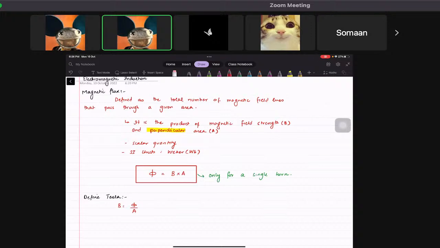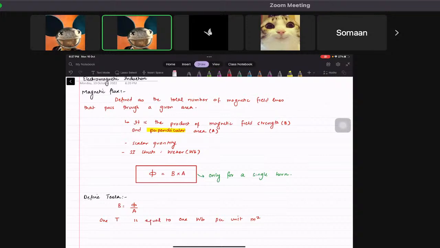So you would say that 1 Tesla is equal to 1 Weber per unit meter square, like that. You can also write this as a formula if you want to, but that's fine as well.